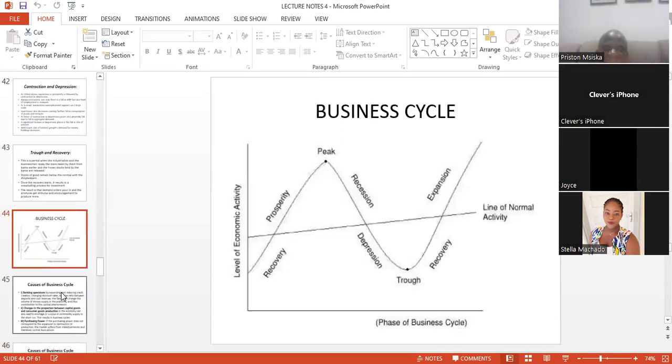So the business cycles are as shown on that slide. You have boom, prosperity, then you reach a peak. You start going down. You reach a trough. And then you start going up again. And from there, you can see a trend.